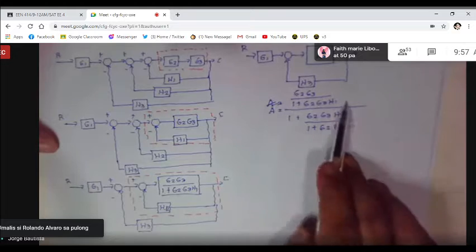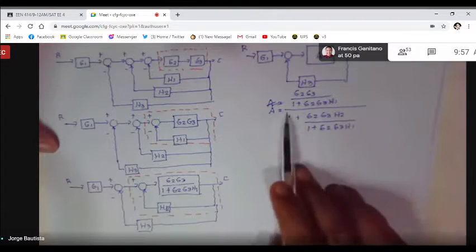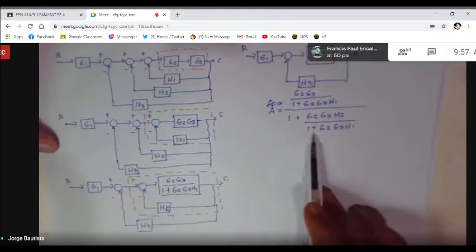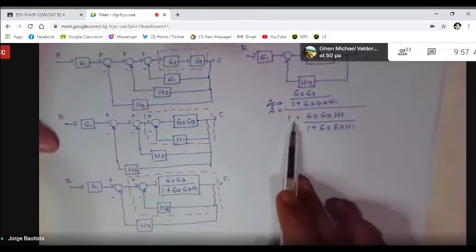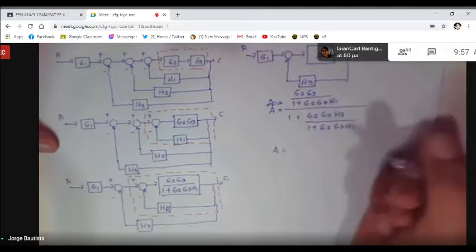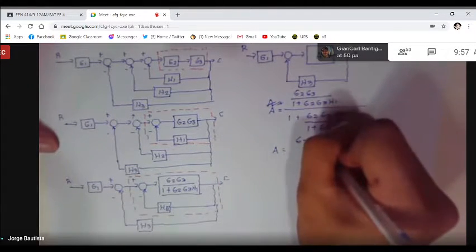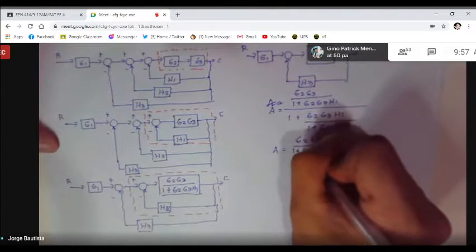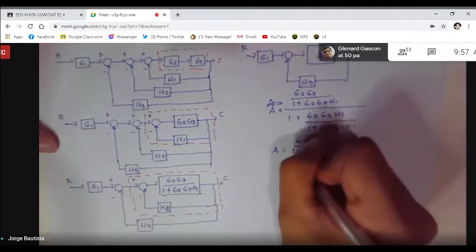Oh, so how can you simplify this? No? How can you simplify this? So ito muna, nasa ilalim, di ba? So ito, pupunin mo yung common denominator niya doon, ililipat mo doon sa 1. So that is A is equal to G2, G3 all over. Okay, so you have 1 plus G2, G3, H1, then all over.